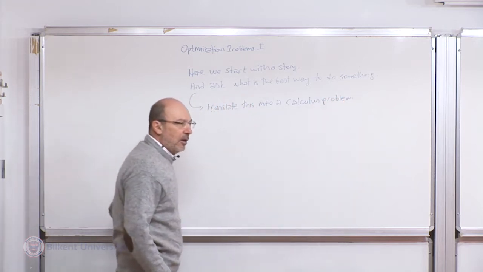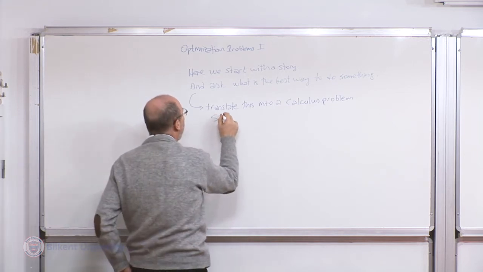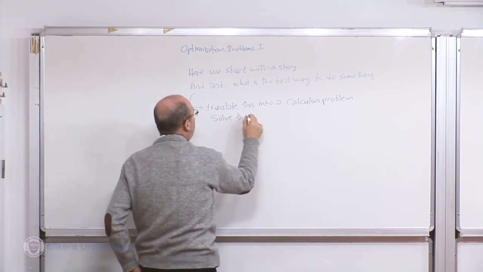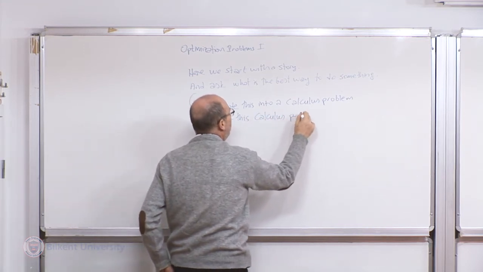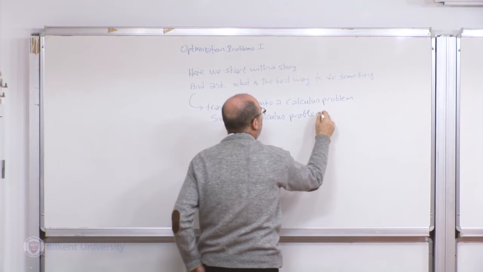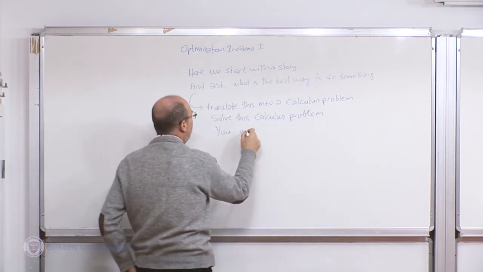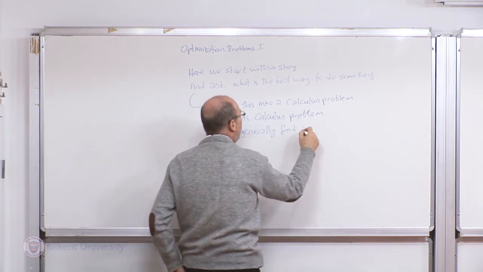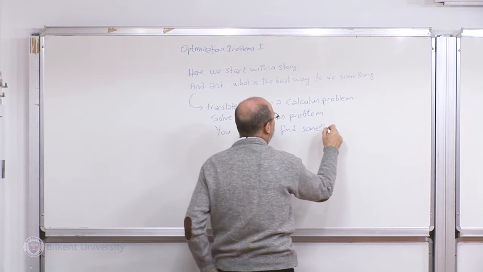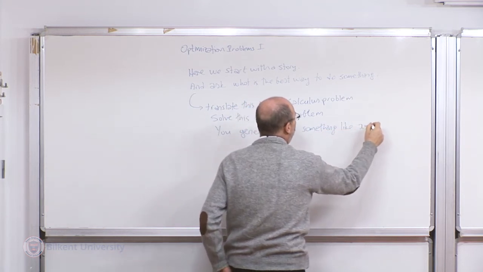Okay, here you solve the problem. Solve this calculus problem. So what happens is you generally find something like x equals 5.